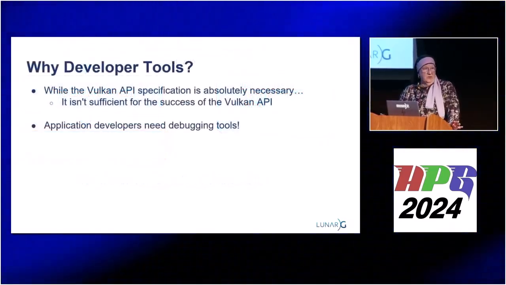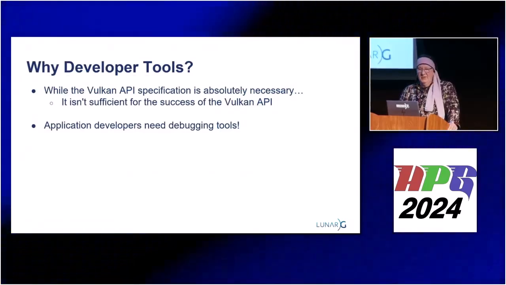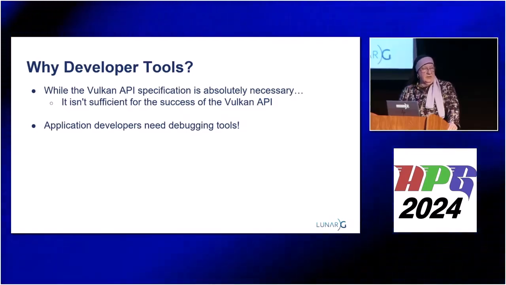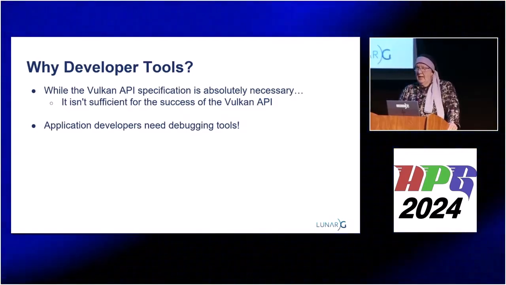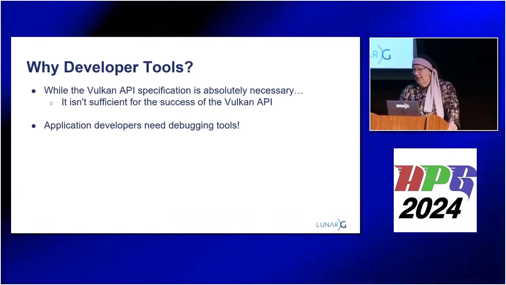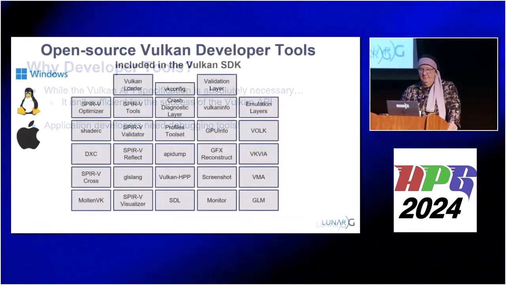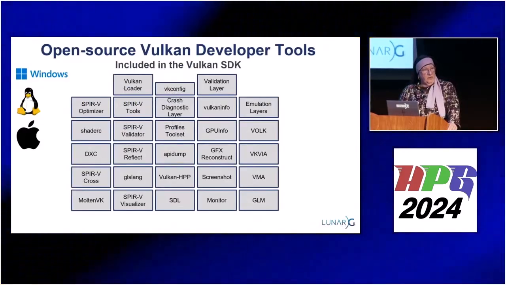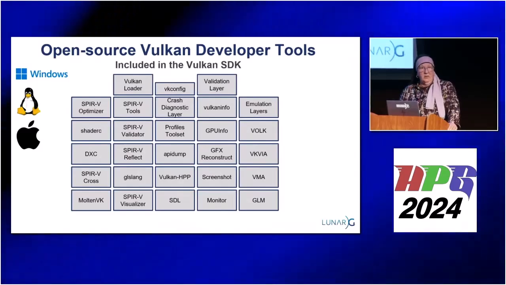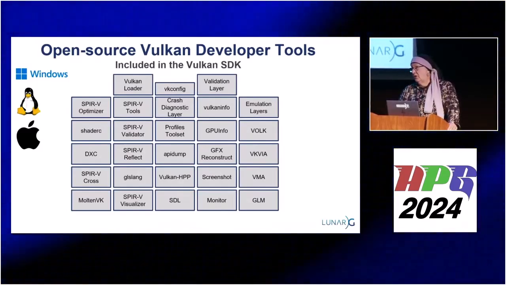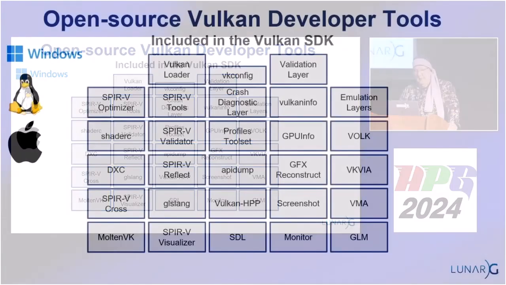So the Vulkan specification, absolutely necessary, but it's not sufficient for the success of the Vulkan API. Application developers need debugging tools to help them with their application development. So there are a lot of developer tools available in the ecosystem today. What I'm showing you here are the ones that are included in the Vulkan SDK.